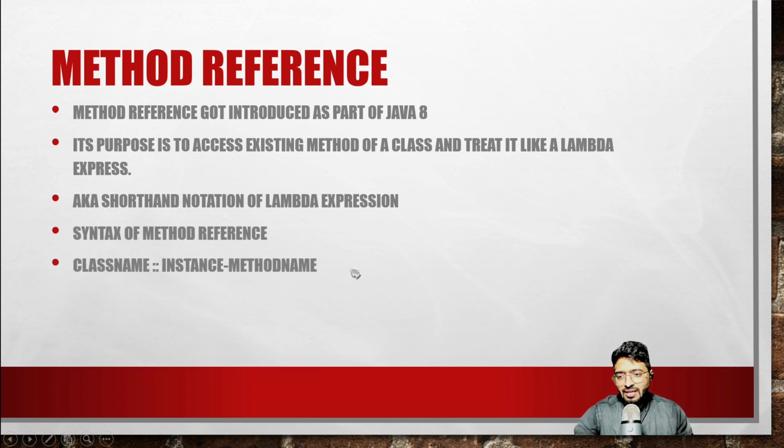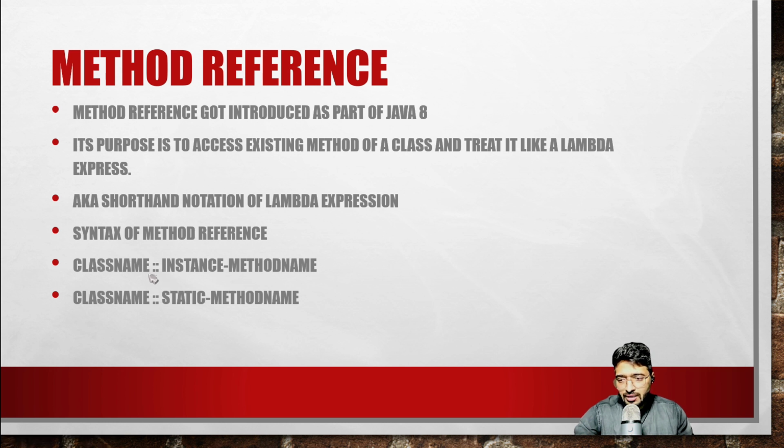The first syntax we have here is the class name, then double colon, and the instance method name. The next syntax is the class name and the double colon, then the static method name. Suppose you want to use the instance method, then you can use the first one: class name, double colon.